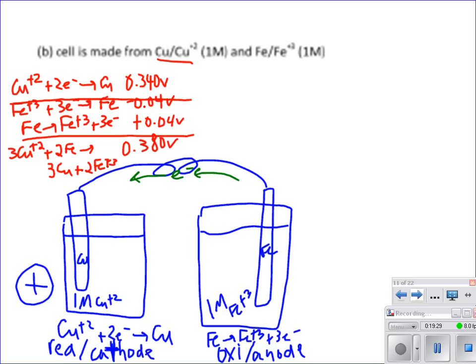Now, on the AP a couple years ago, this question asked direction of electron flow, and they required that the students show it on the wire. If you drew it elsewhere, you didn't get the point because the graders thought you believed it was going through the glass. I know it's ludicrous.